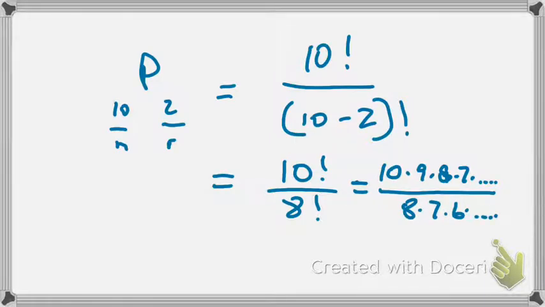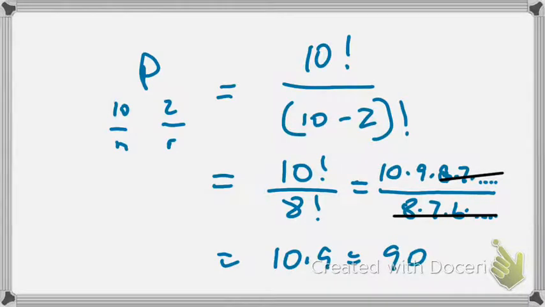Well, the 8 times 7 times the rest of the 8 factorial there will cancel out, and we're just left with 10 times 9, which is 90. So there are 90 different ways that you can choose 2 things from 10 distinct things when order is important. Okay, and no repetition is allowed. And that's how a permutation comes into play.